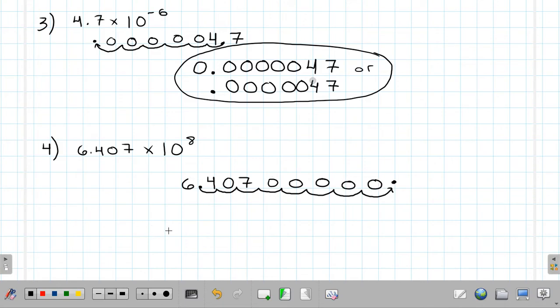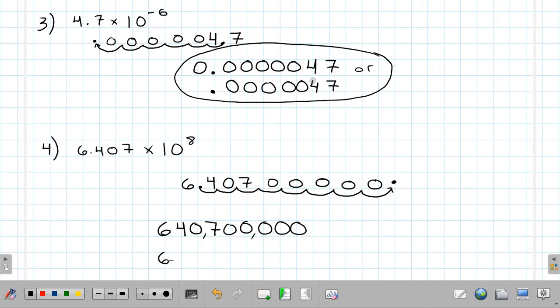And then we just simply rewrite the number. So we'll have 6, 4, 0, 7, and then 1, 2, 3, 4, 5 zeros. And then, like I said, you can add the commas if you want. So this is the number 640,700,000, okay?